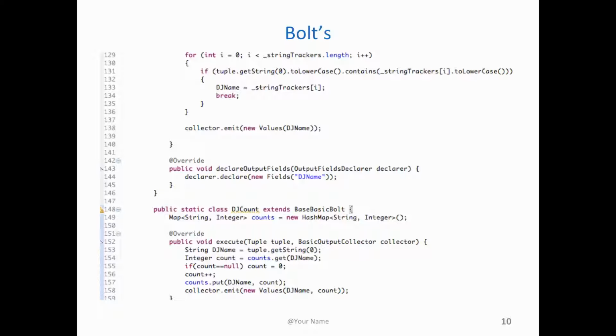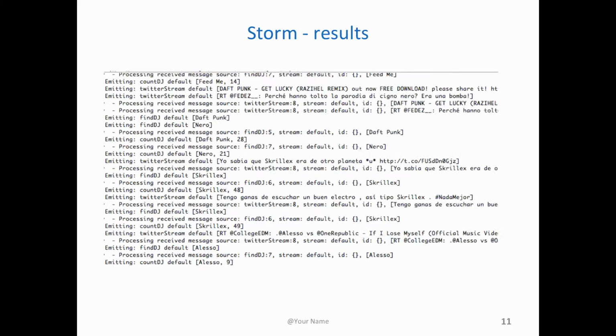Then the DJ count bolt receives this tuple, and it keeps track and counts every single DJ that has appeared in the tweets. So here are the results, but instead of this, let me go over the code that I have and run the example live.